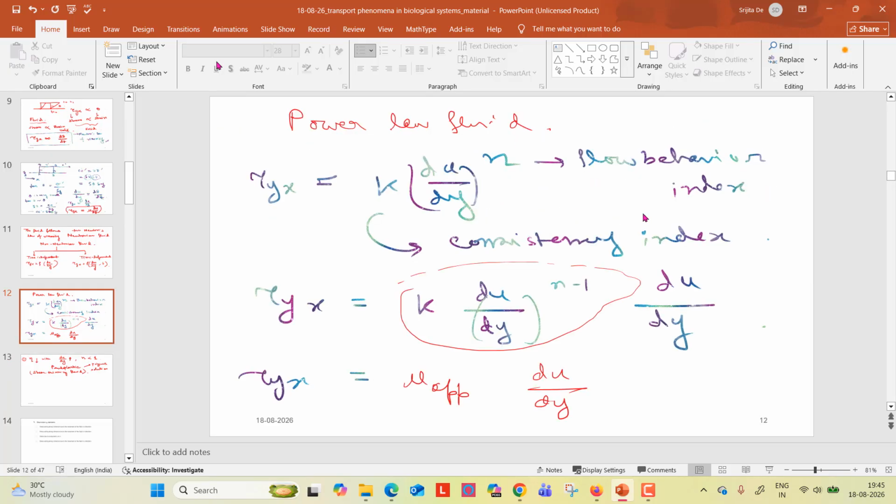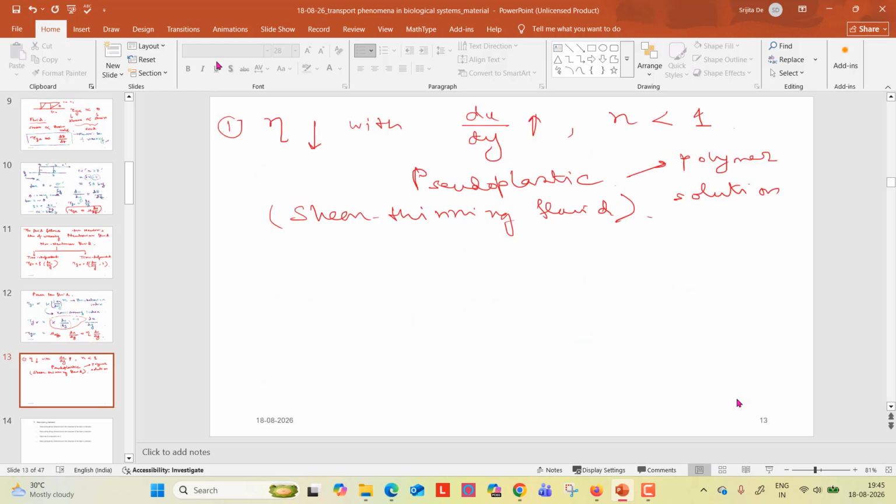Eta is basically the mu apparent, so you can name it as mu apparent also. Same thing, times du/dy. So when the viscosity decreases with increase in the velocity gradient, that is called the shear thinning fluid.